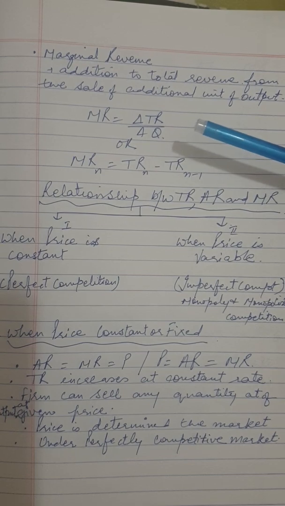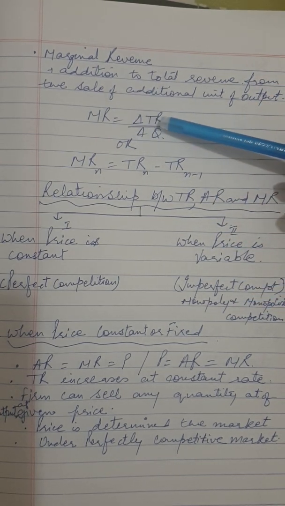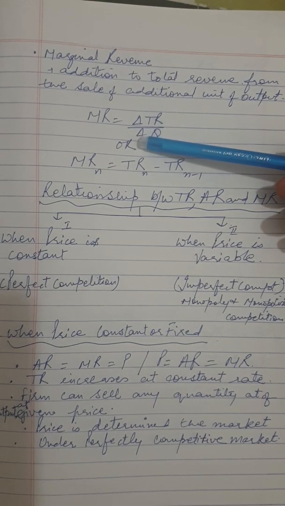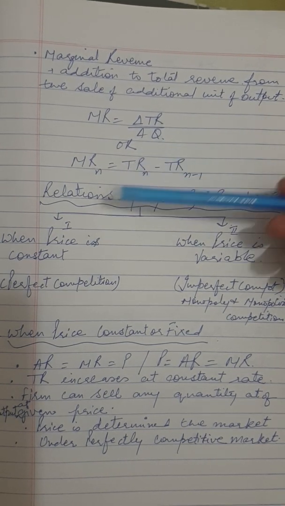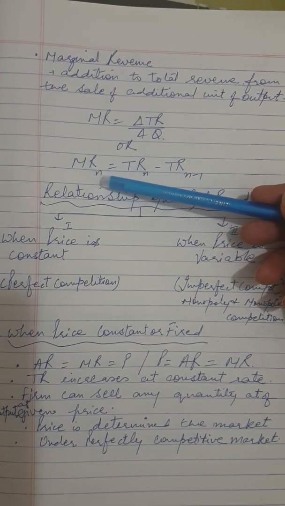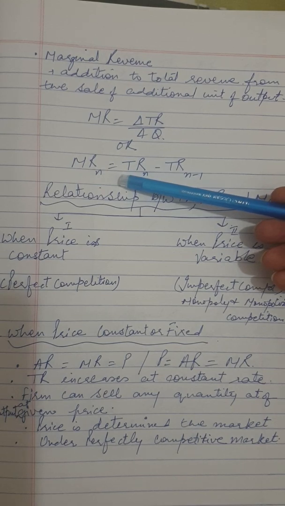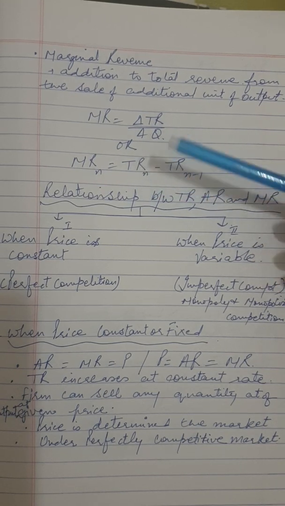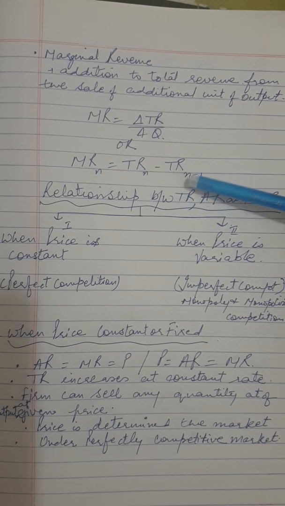So marginal revenue you can find out by change in total revenue divided by change in total output, or marginal revenue of the nth unit can be found out by total revenue of n units minus total revenue of n minus 1 units.